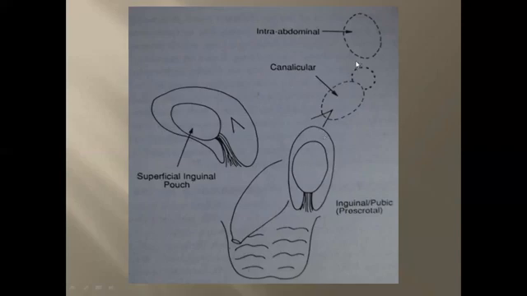So this is basically the normal path of descent, and it can be arrested in any part of the normal pathway. This is the highlighted superficial inguinal pouch, and this is the testis, and this is the blood supply and vas in the spermatic cord.